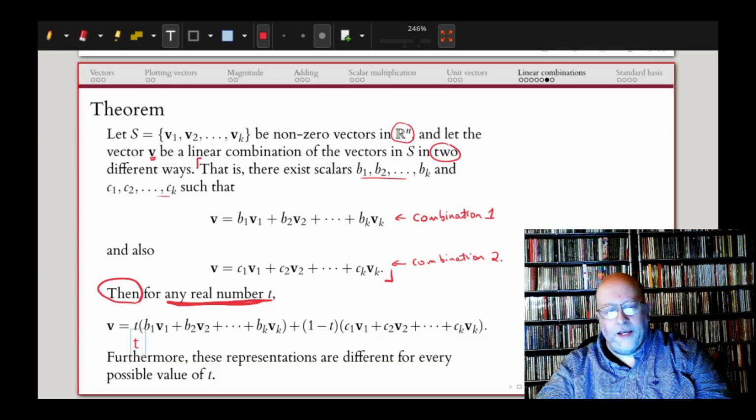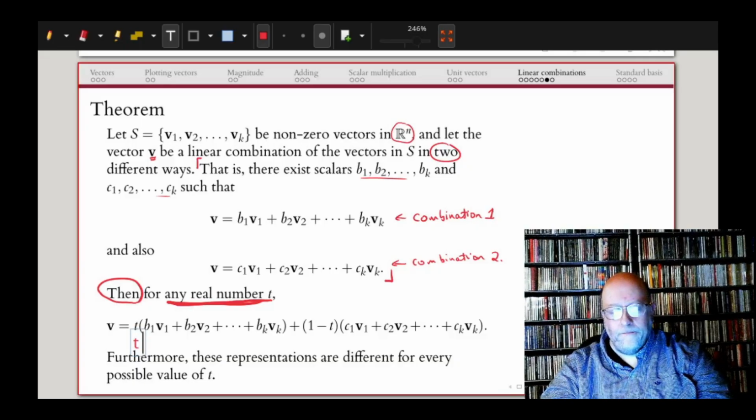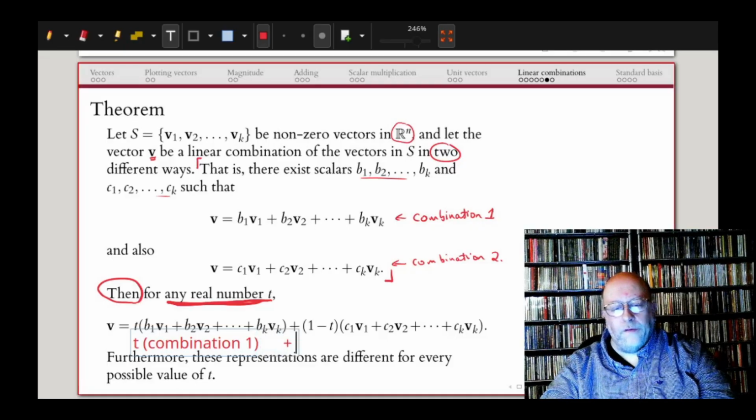So this is t times combination 1 plus 1 minus t times combination 2.